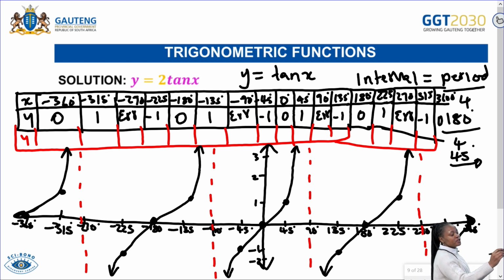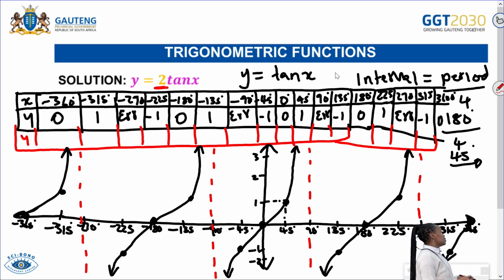At 45 degrees, I have the value of y as +1. Okay, let's do the last one, the one of y is equals to tan x, whereby now the amplitude, or rather our a, has been changed to be 2.